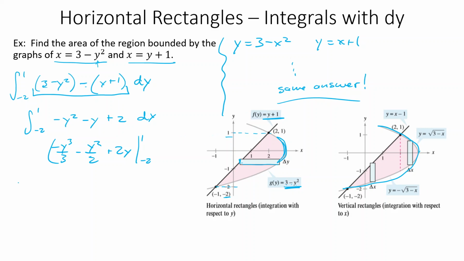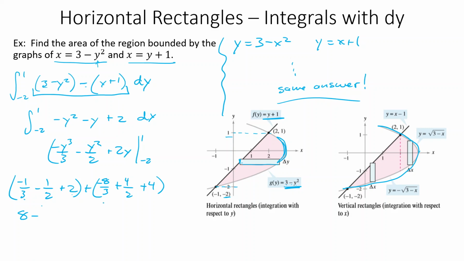All right, plug in 1, we get negative 1/3 minus 1/2 plus 2. Minus plug in negative 2, we're going to get positive 8/3, negative 4/2, and minus 4. Distribute the negative here. All right, so we've got a 6 here, minus 8/3, plus another 2, so that's going to be 8.